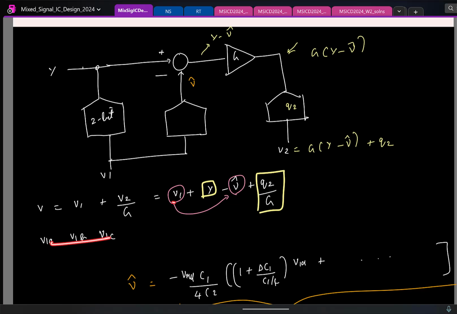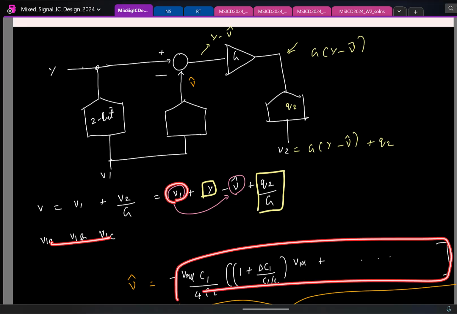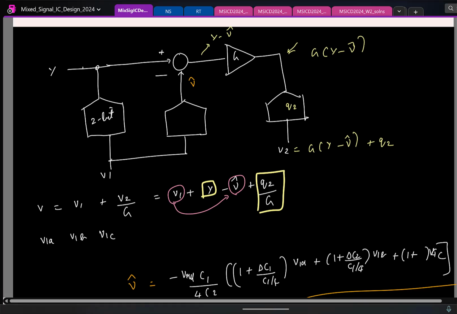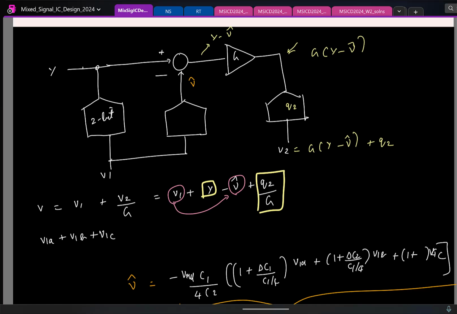From these bits, you reconstruct V1 in this fashion: 1 plus delta C1 by C1 by 4 into V1A, plus 1 plus delta C2 by C1 by 4 into V1B, plus 1 plus something into V1C. So instead of taking the final output as the sum of the 3 thermometric bits, which is what you typically do, you have to scale them appropriately and then take that as your final output V1. If you do that, this term gets cancelled, and that's how we can digitally calibrate.